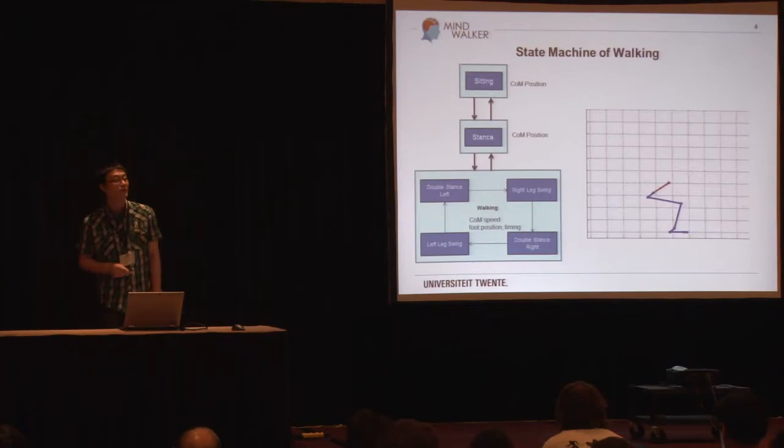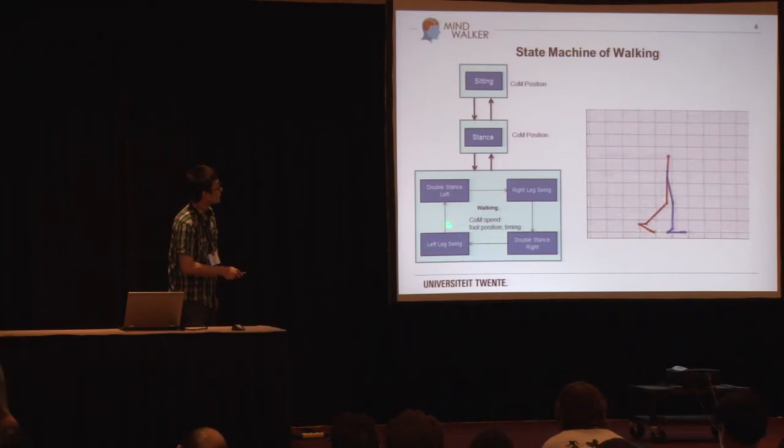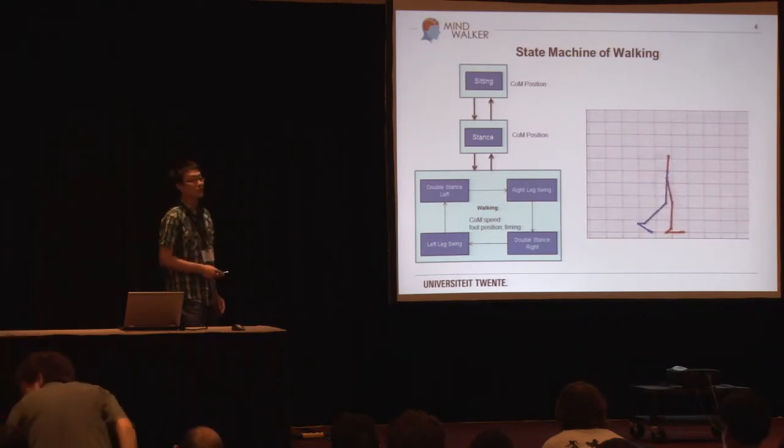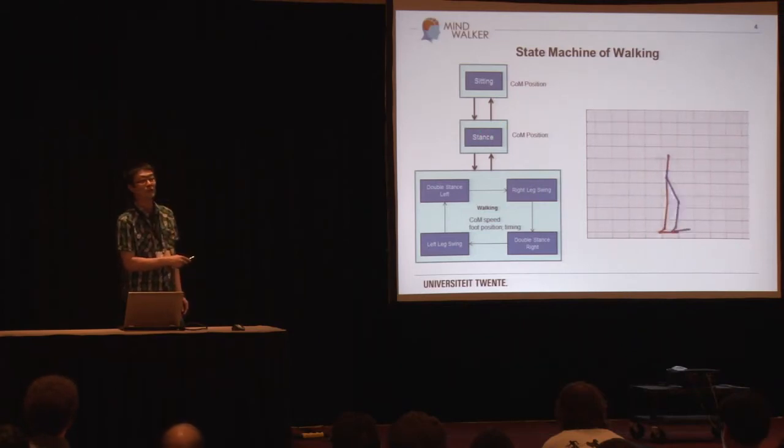What is important in it is to define the state machine of the walking. We have different scenarios, such as sitting, stance, and walking, changing in different phases. For a still phase, such as sitting and stance, we control the position of the center of mass.